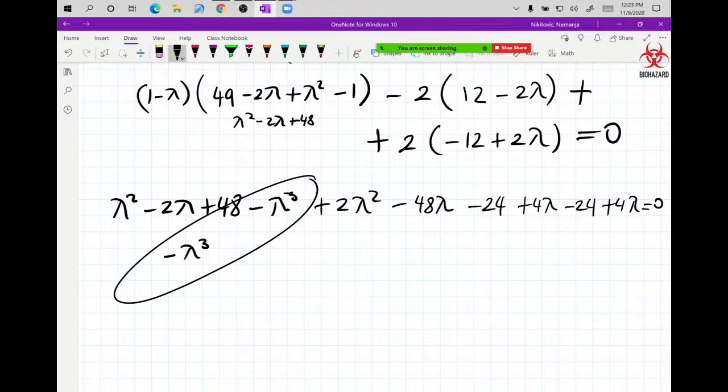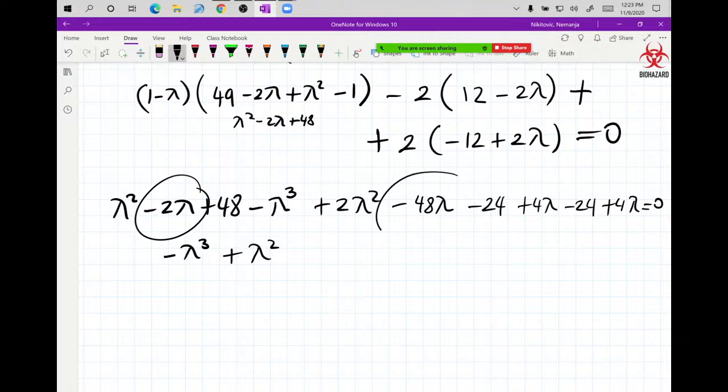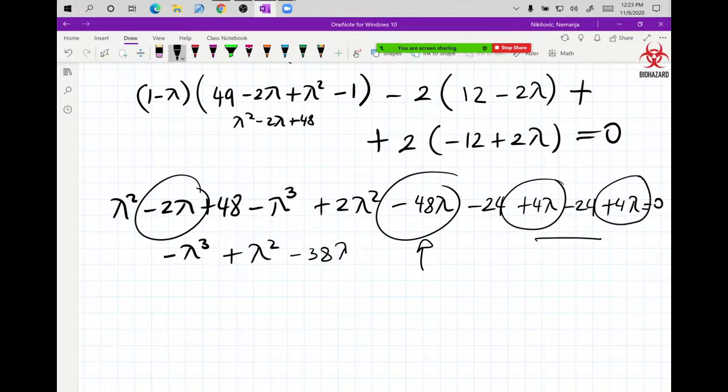We only have 1 lambda cubed, so that goes first. And then we have all the lambda squares, which is just plus a single lambda squared. And then we have single lambdas. This one, this one, this one, this one. So that's 8, which makes that 40 minus 2, minus 38 lambda.